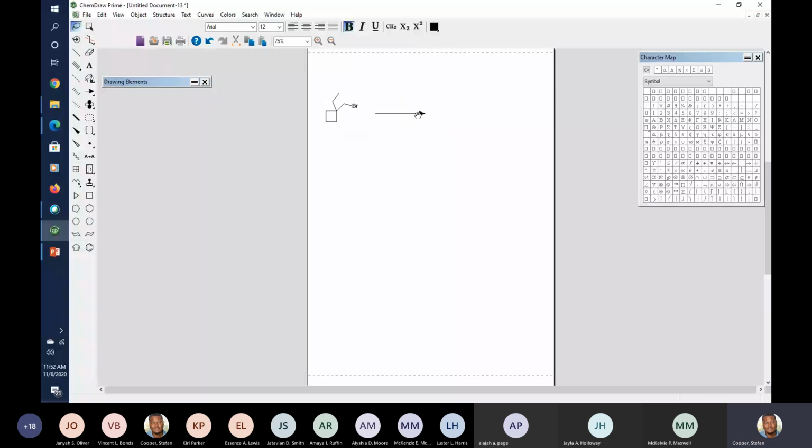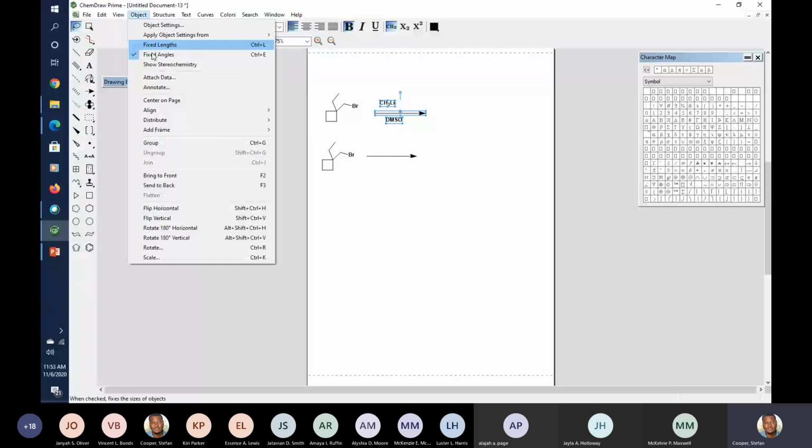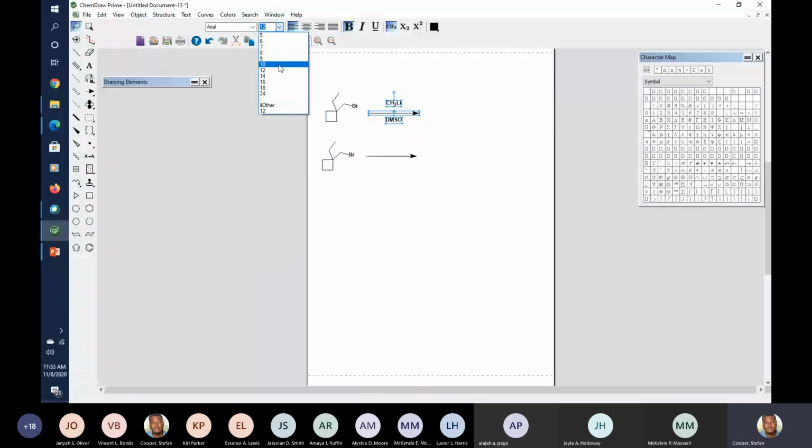Not the settings I want to go with. All right, I gotta make things that big.